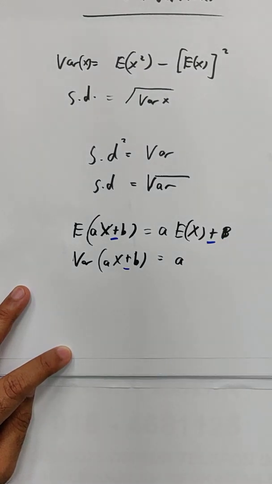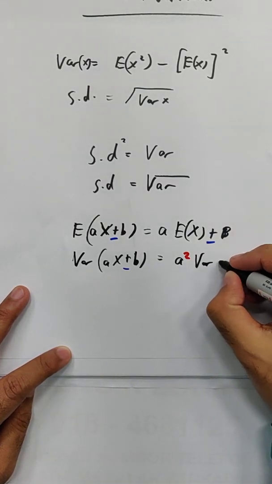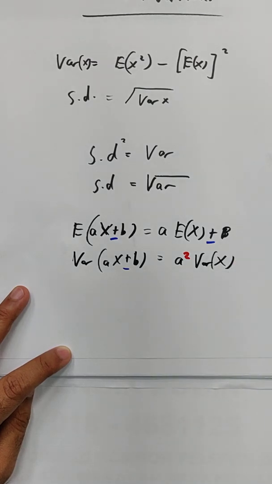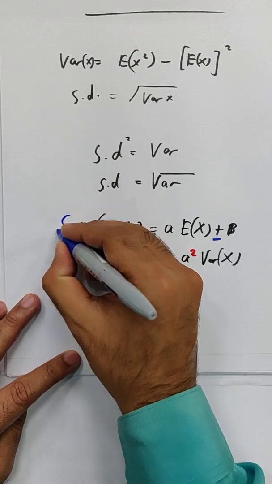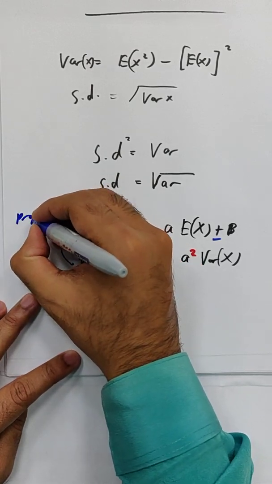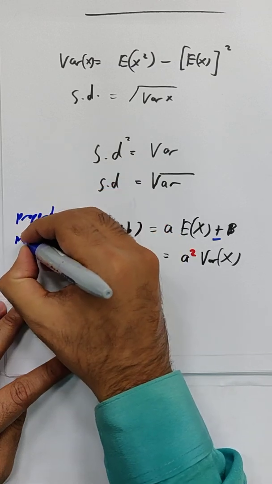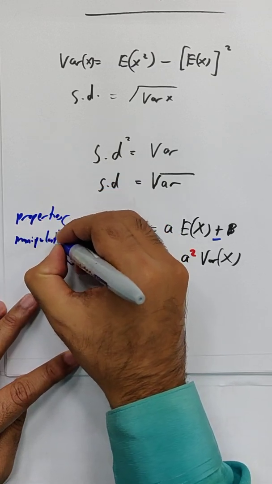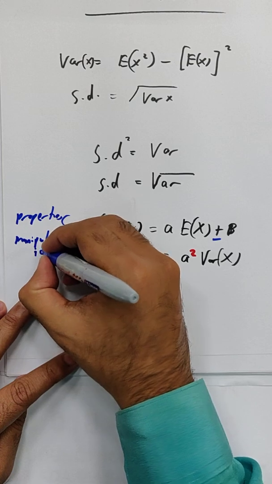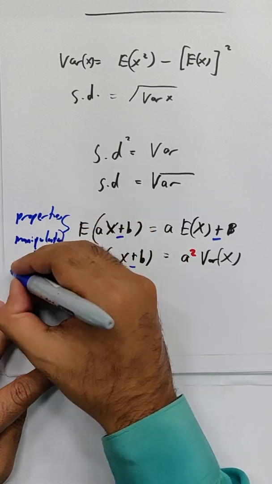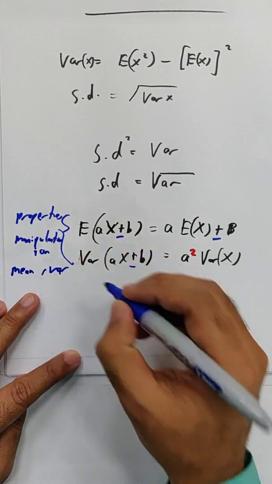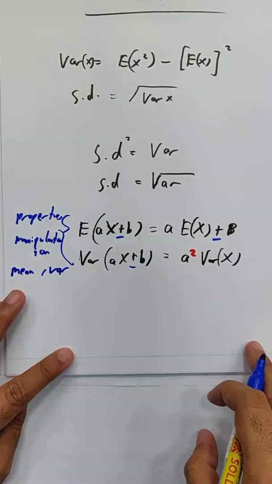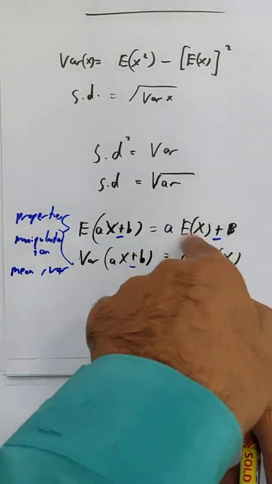Let's put squared with red. Let's call this the properties of manipulation of mean and variance. If I try to manipulate my mean and variance, this is how it becomes.